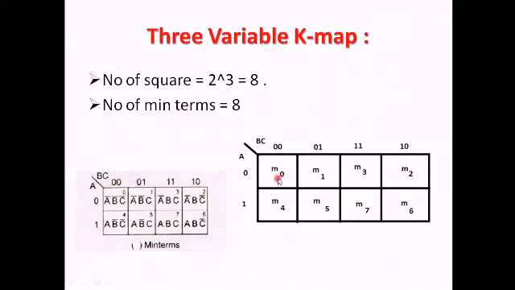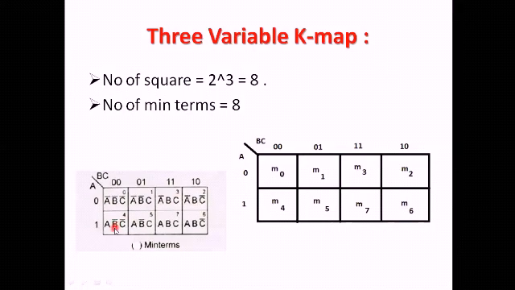Now look here, this box comprises min term 0, min term 1, min term 3, min term 2, min term 4, min term 5, min term 7 and min term 6. Now this is 0, 0, 0, that is A bar, B bar and C bar. Next is 0, 0, 1, that is A bar, B bar and C. Next is 0, 1, 1, that is A bar, B and C. Next is 0, 1, 0, that is A bar, B and C bar.